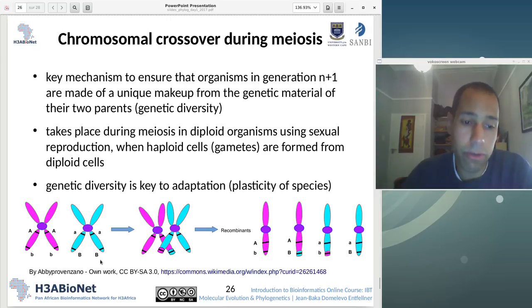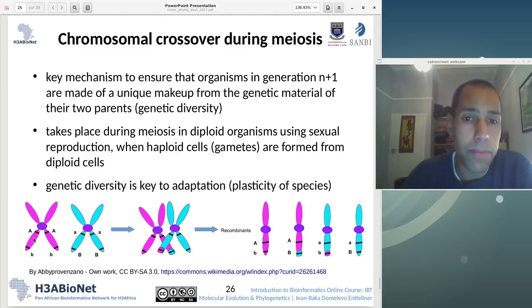Also, during meiosis there is a certain machinery of DNA repair that enters into play, and that is obviously an advantage for individuals or species having this mechanism.